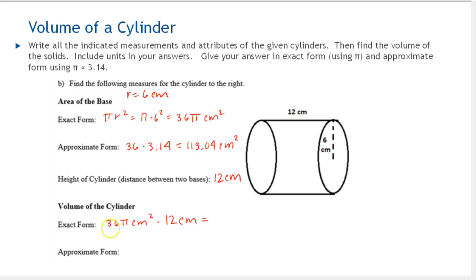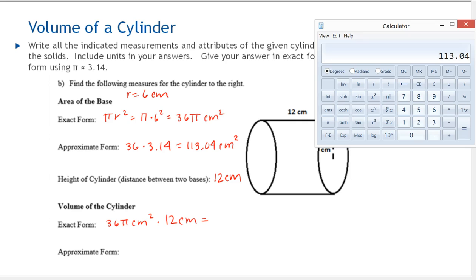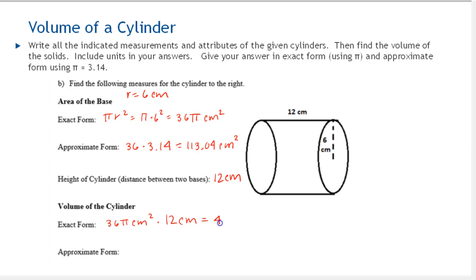We're going to multiply the 36 and the 12 and leave the pi in our computation. 36 times 12 is 432 times pi. Our units, centimeters squared times centimeters, is cubic centimeters.